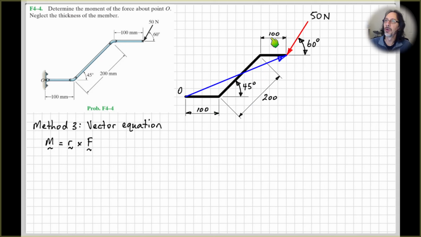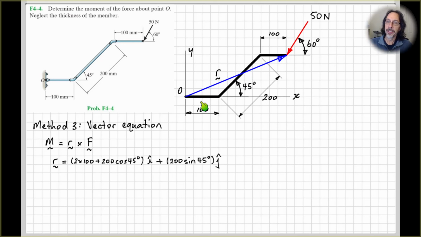But we've already been given all of these dimensions here, so it makes sense to do our position vector from O to this point here that we know about. So indicating our coordinate system, x and y, r will be in the horizontal direction. Essentially what we're doing is finding the components of this position vector. It's much the same as doing the Varignon's theorem that we did before, but we're using vector notation.